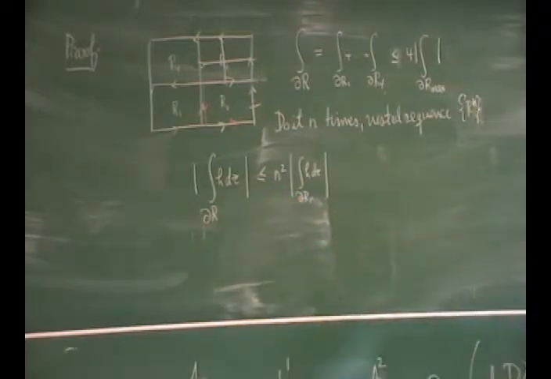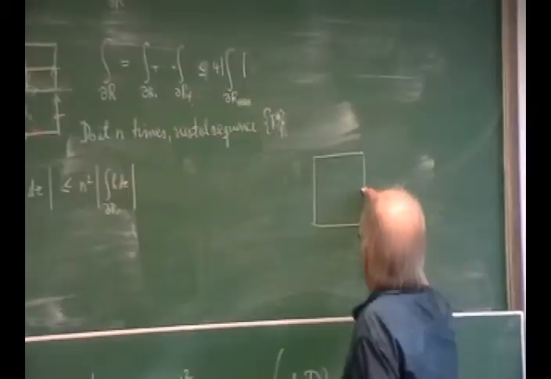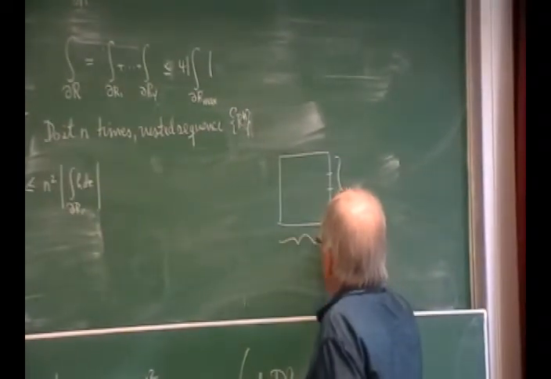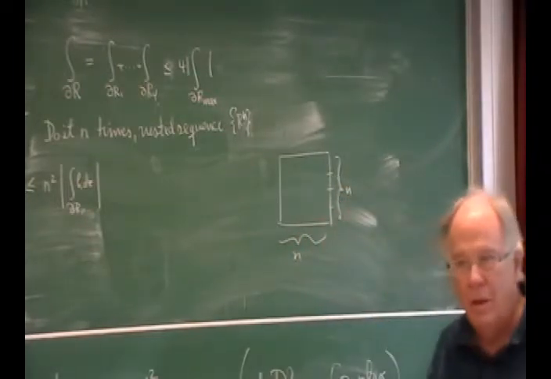No. When I divide it into 2, I mean, can we always divide into n rectangles? My idea was I divide the side into n and the base into n. Right?